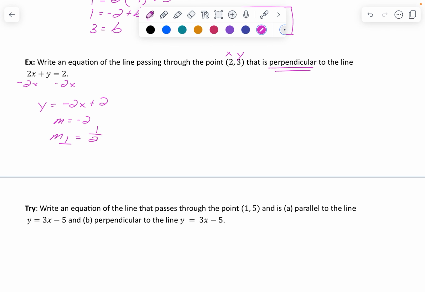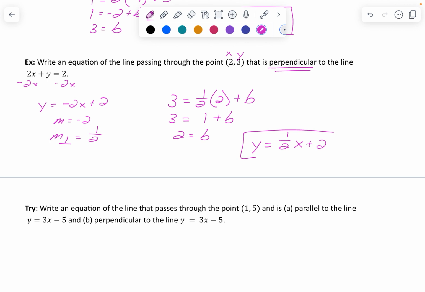So let's plug in what we know. We know y is 3, 1/2 is my slope, 2 is my x, plus b. So this is going to be 3 equals 1 plus b, or 2 is equal to b. So my final equation is going to be, in terms of x and y, y equals 1/2 x plus 2.